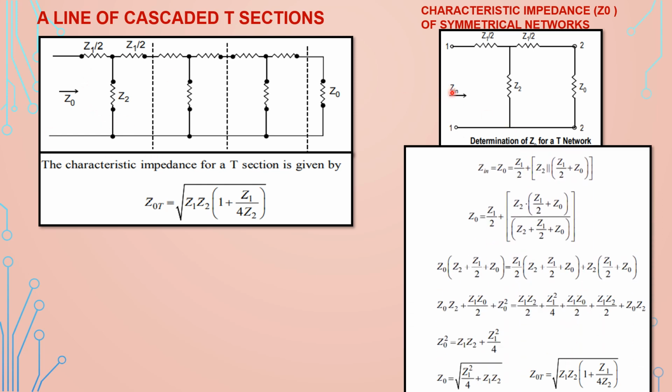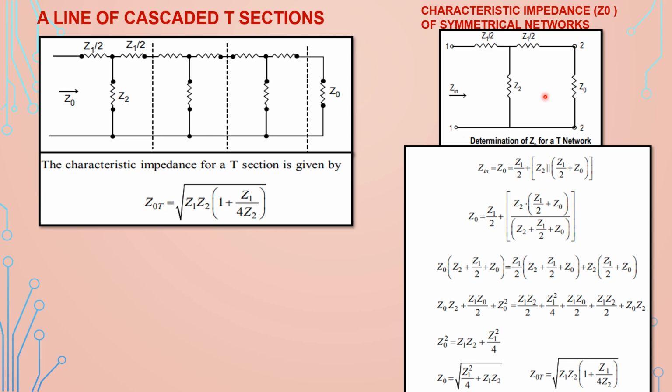We can write the impedance looking towards the T section as Zn, which is also equal to Z0. Here I am considering that the receiving end is terminated by its characteristic impedance. As we know, what is an infinite line? If any finite line is terminated by its characteristic impedance, then it will act as an infinite line.